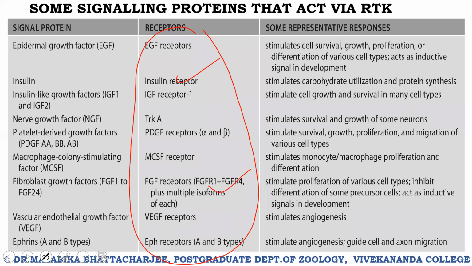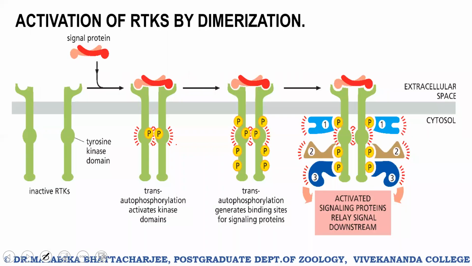You will be studying these growth factors in the immune system, PDGF and MCSF. So these receptors are diverse. These receptors play a wide functional role in various physiological processes of our body. So I'm not getting into these particular receptors one by one.